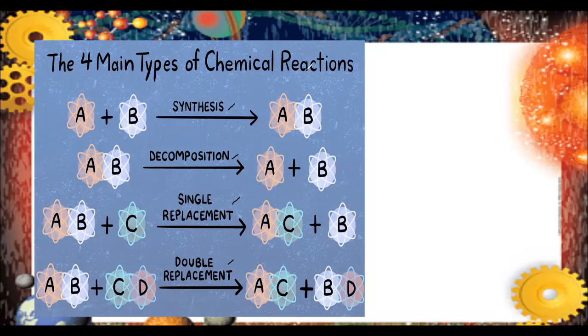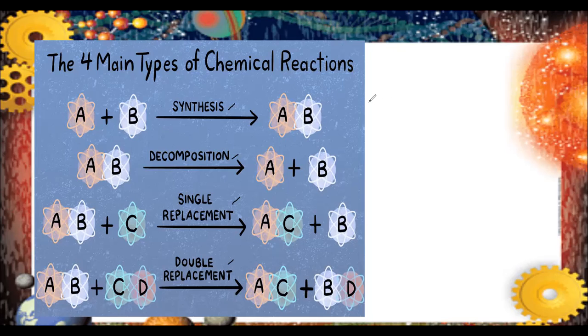So for example, if we have two elements here that are being combined together, it may result in a chemical reaction. And its product, pwedeng nagkasama lang sila na katulad ng nasa ating screen. So this one is called the synthesis.